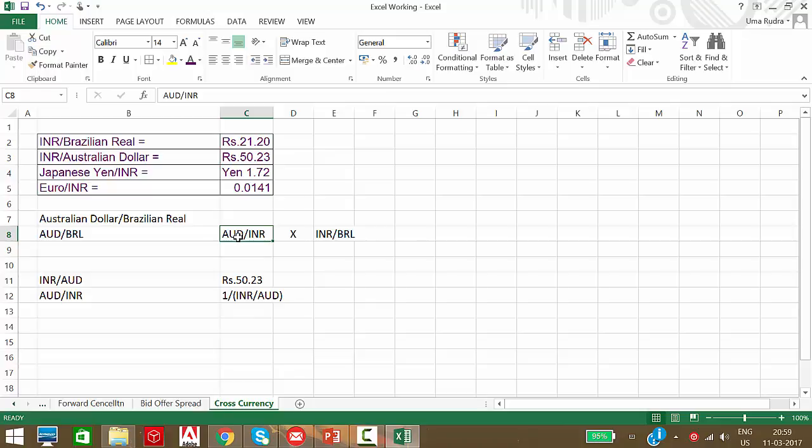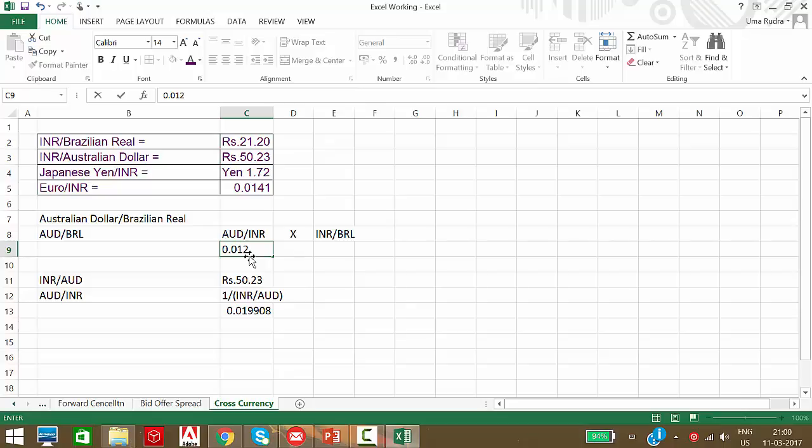So Australian dollar per unit of INR is 1 divided by 50.23, which is 0.012 after rounding off.